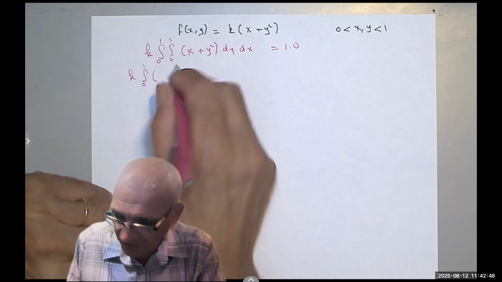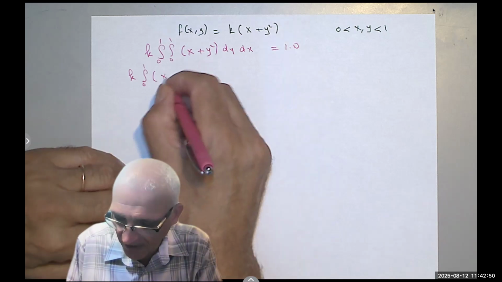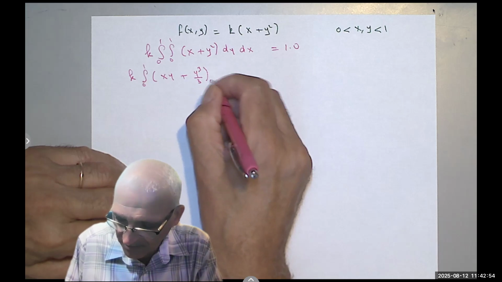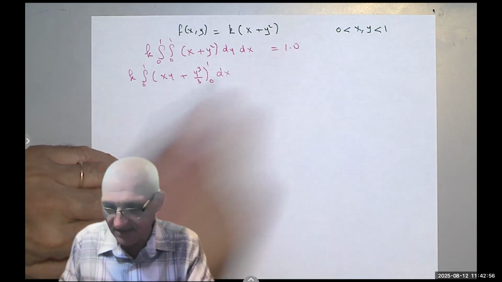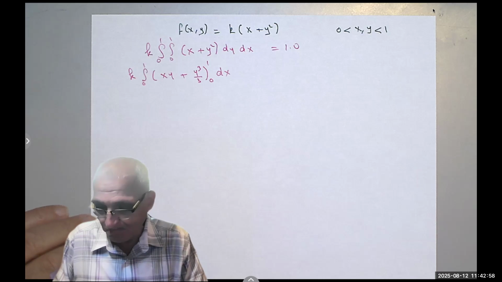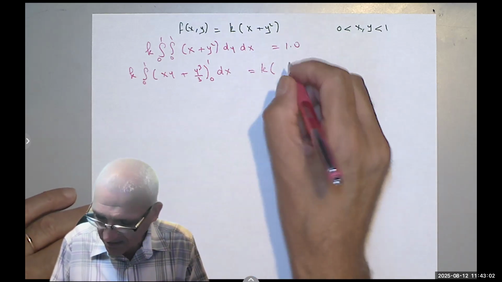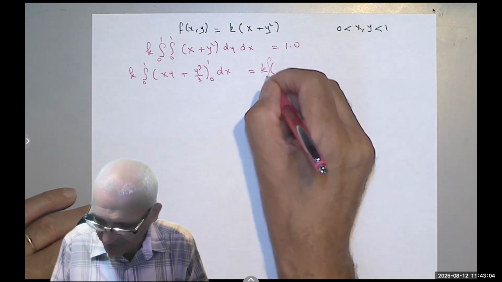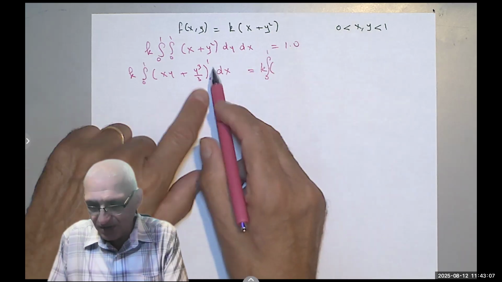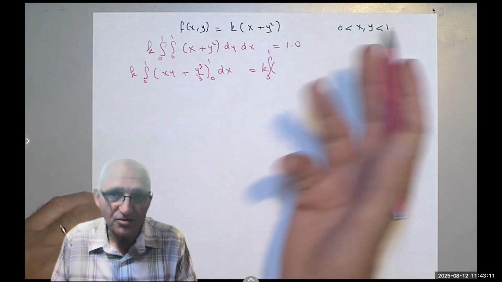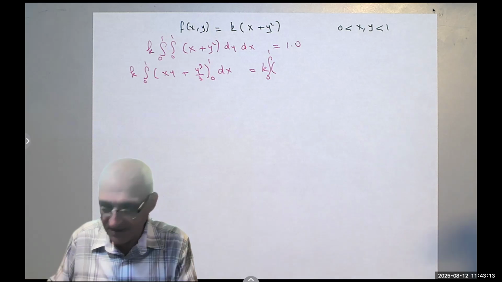So we are going to look at the left-hand side. When you integrate with respect to y, you get xy plus y cubed over 3, evaluated between 0 and 1, dx, correct? So you get k times the integral from 0 to 1. Of course, we are not going to substitute with 0 since 0 would make them 0 anyway, so subtracting 0 doesn't change anything.